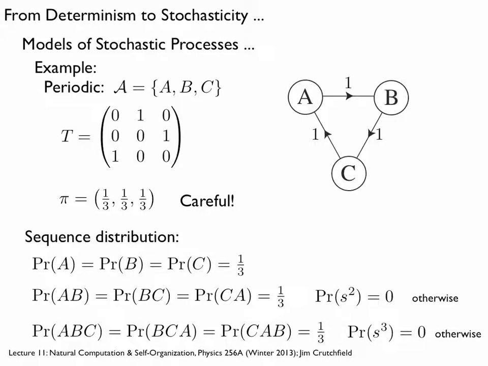So who's to say it's invariant? So you actually have to be careful in this trivial periodic case, how you calculate this pi from the eigenvalue equation. I can put any distribution here, and it'll be invariant. So we'll come back and solve this little problem in a different way later on.